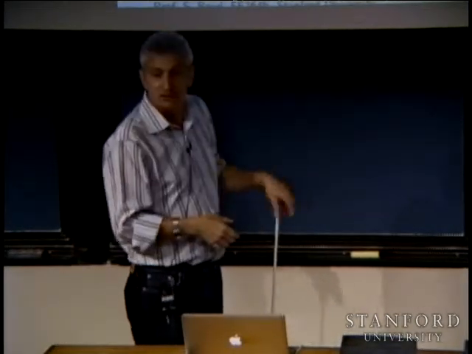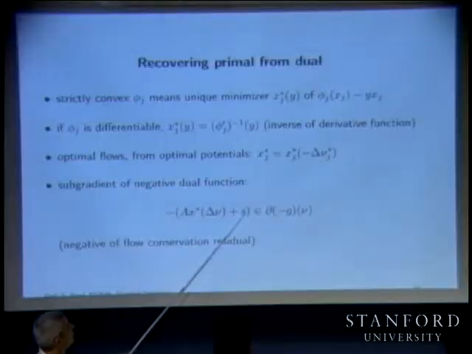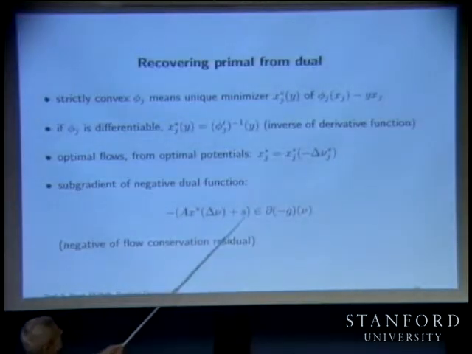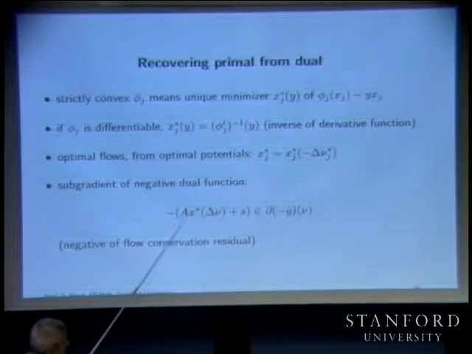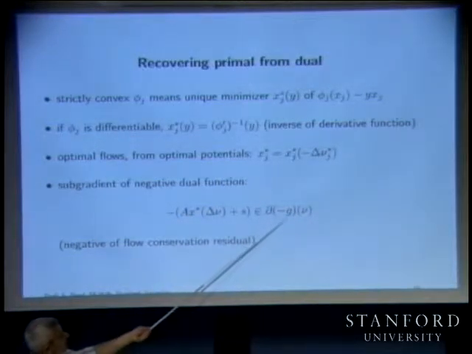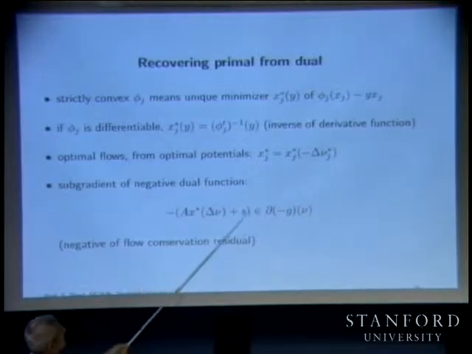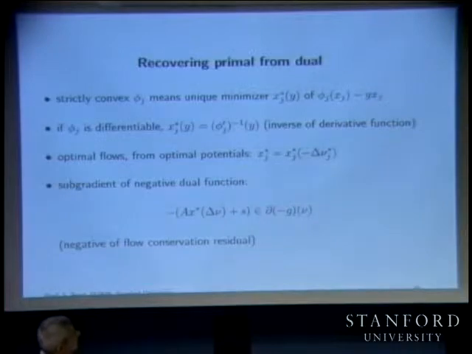Then at each node you find out what the flow conservation violation is. That's this. If that's 0, you're done. That tells you, of course, that g is maximized. If it's not, this flow conservation residual gives you a subgradient.